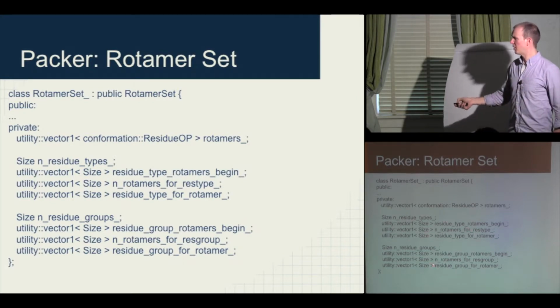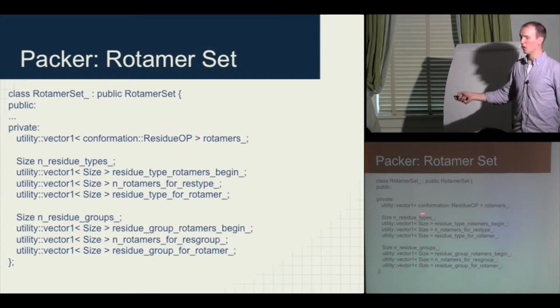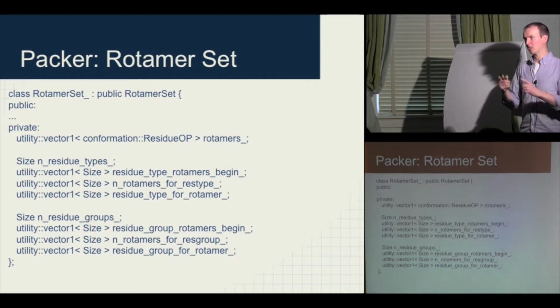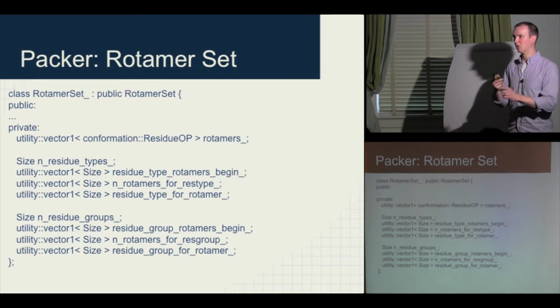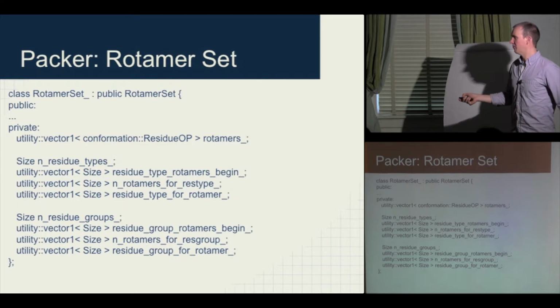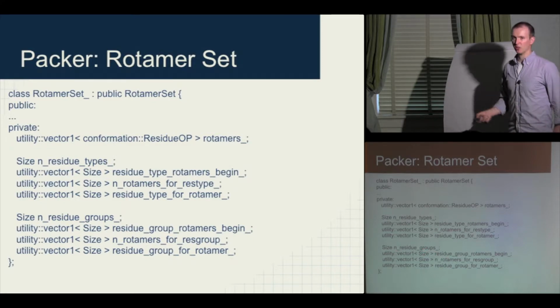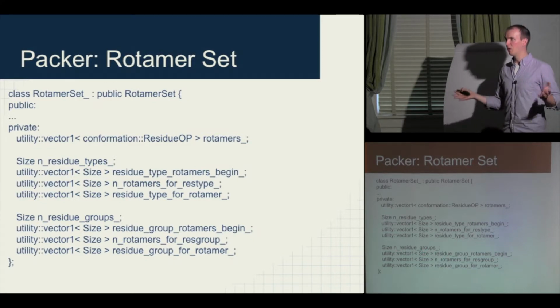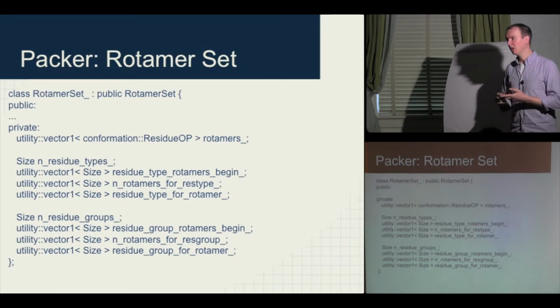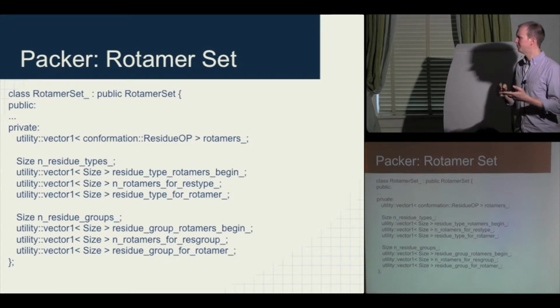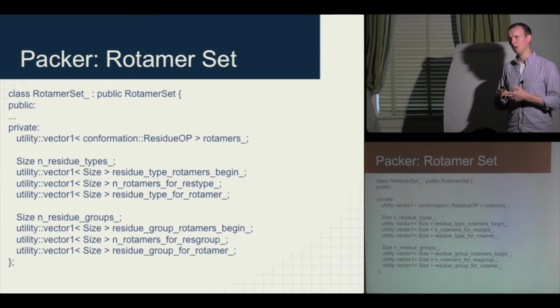The difference between residue types and residue groups is that all the rotamers with the same residue type point to the same chemical residue type object, and all the rotamers in the residue group have to be roughly equivalent, which means that they need to have the same size. So the neighbor radius needs to be the same, and they need to, I think, correspond to the same amino acid.